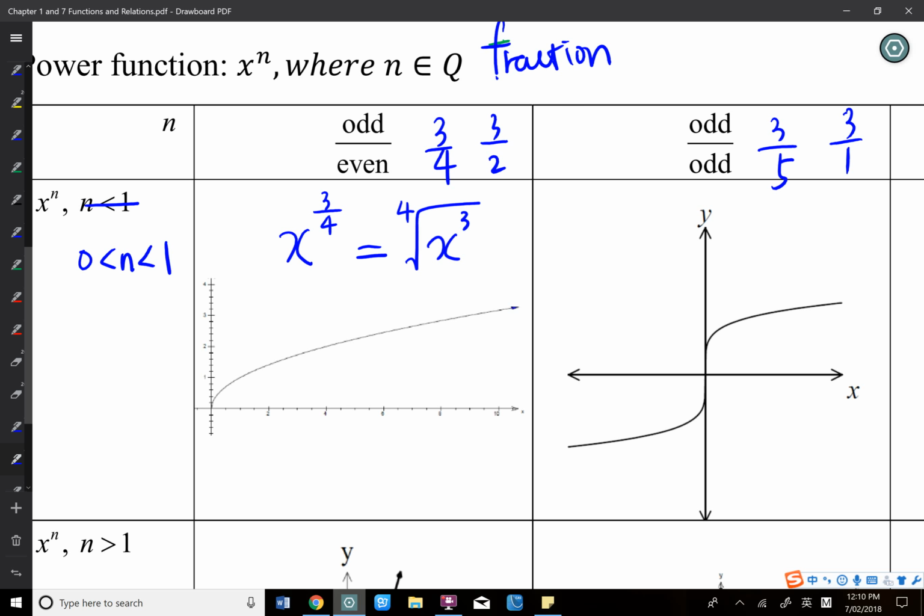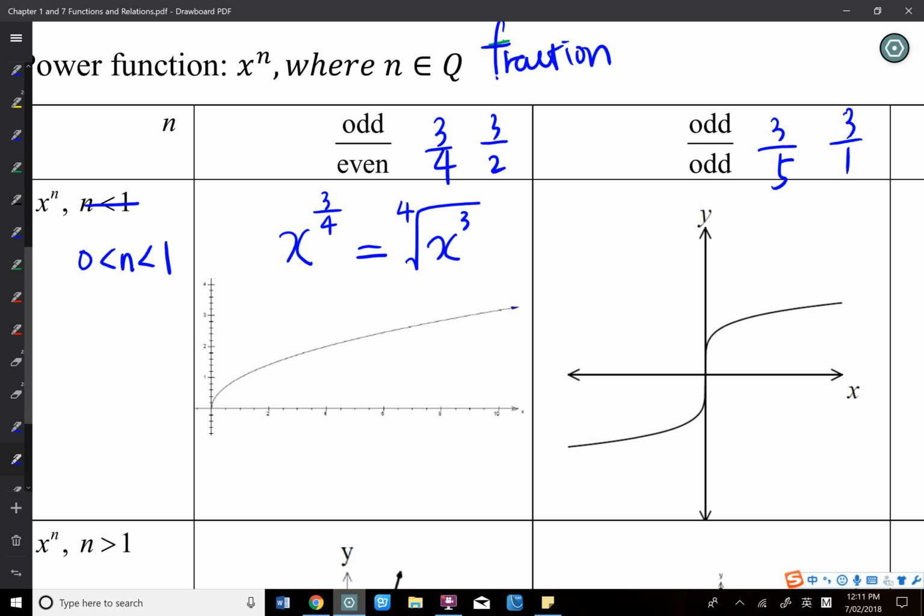And then you take an even root. Is that possible? It's not possible. You can't take an even root of a negative number. So you don't have negative values. That's why it only exists in the first quadrant. You put a positive x in, you get a positive value. That's in the first quadrant for this type of graph.